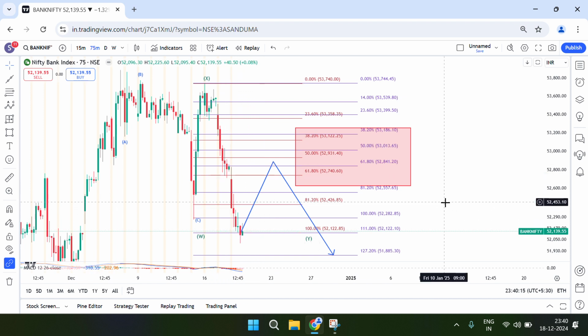So in both Nifty and Bank Nifty, we have sell on rise kinds of opportunities. We had a couple of opportunities in the last 4-5 sessions where we had very sharp falls as well as big rises. So the volatility that we are seeing in the markets could be slightly high.